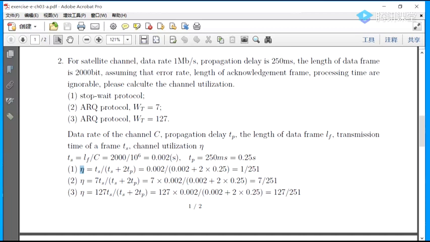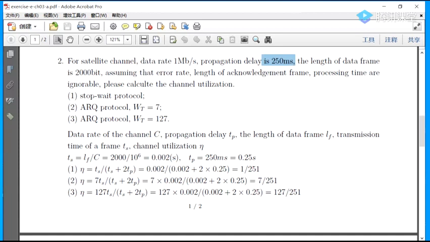TS is the transmitting time, the length of a frame divided by the data rate C. TP is known, right?